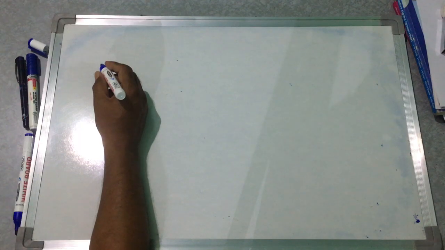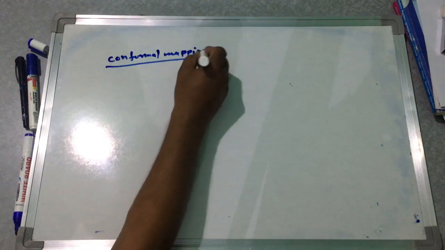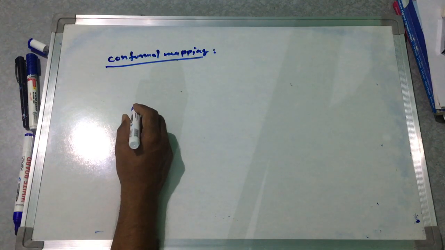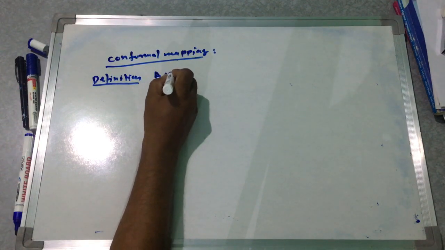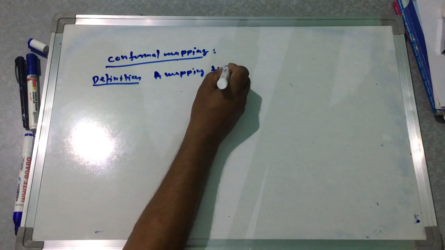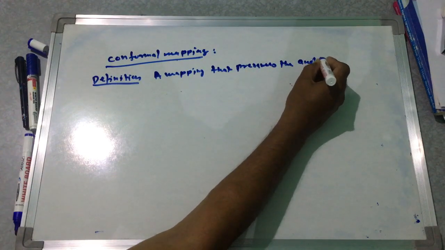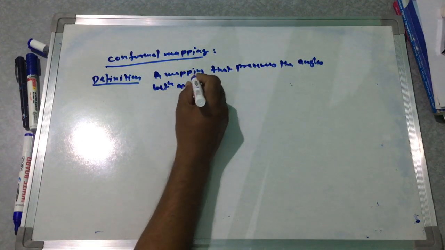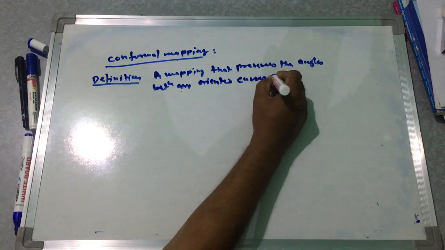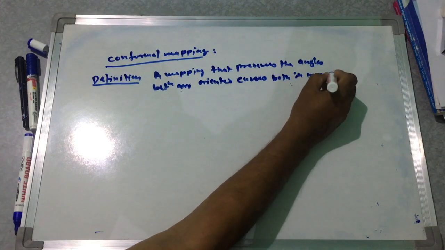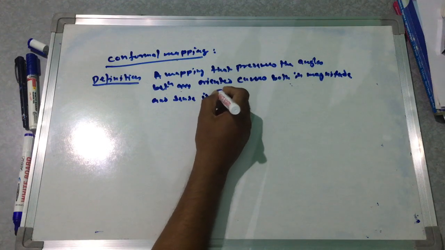Then, conformal mapping. Definition: a mapping that preserves the angles between any oriented curves, both in magnitude and sense, is a conformal mapping.